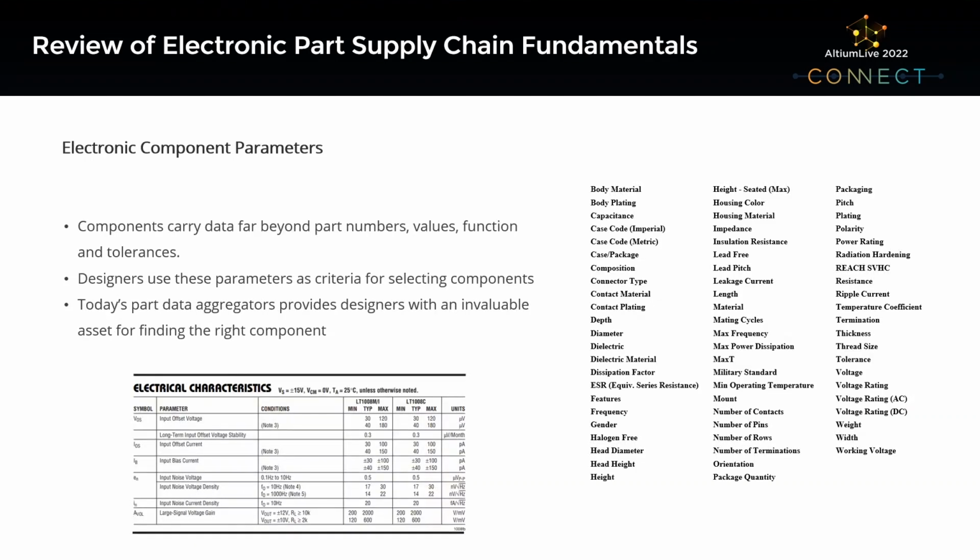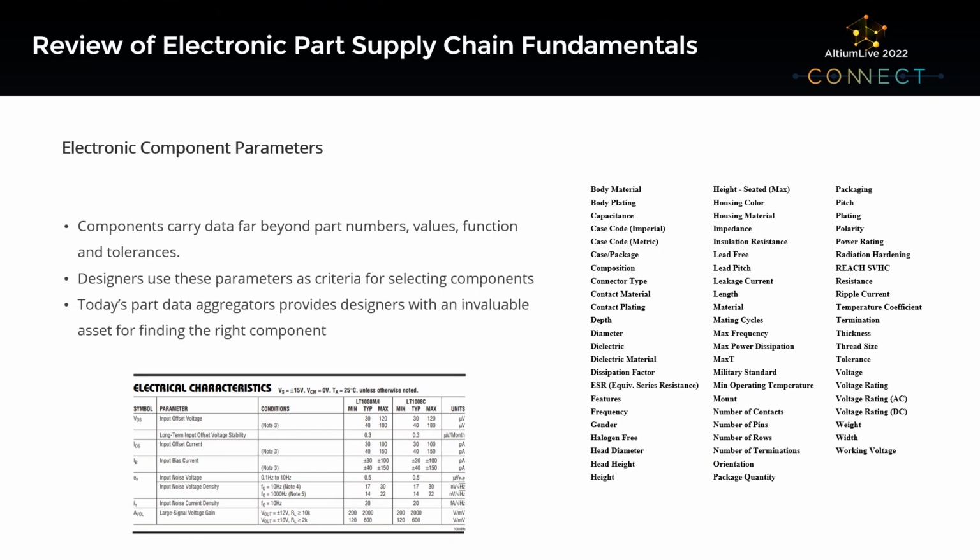Another big part of electronic components is, of course, the electronic component parameters. Components carry data far beyond the part numbers, values, and functions and tolerances. Designers use these parameters as criteria for selecting components. These parameters are used a lot when you're trying to replace or substitute components.